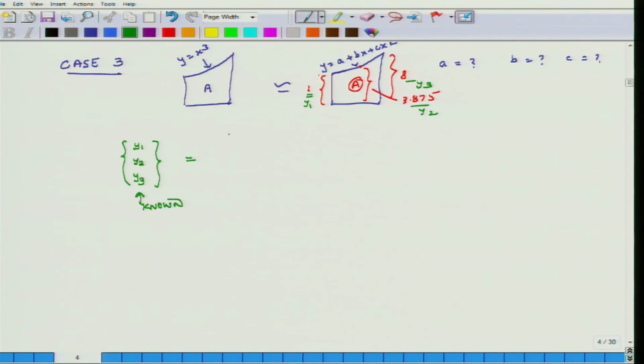Okay. So y1 equals a plus b times x1, plus c times x1 square. So I can write it as this.